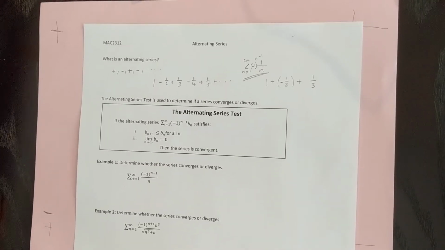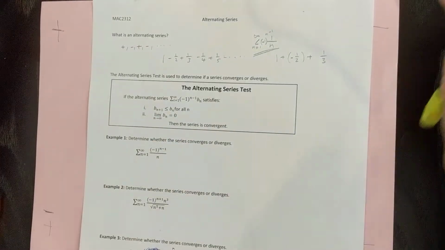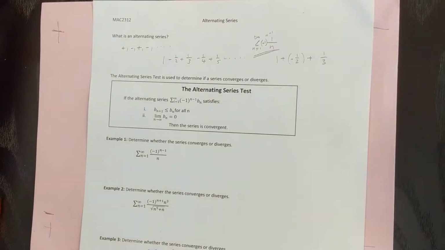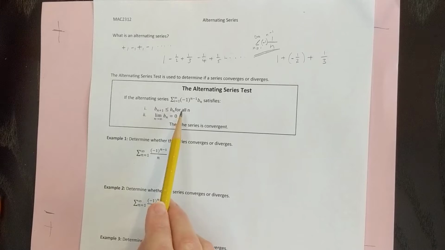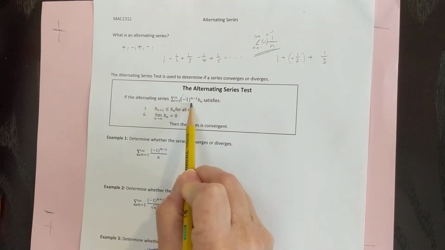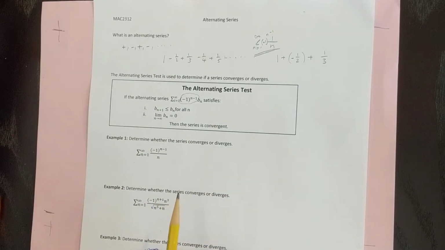Okay, and it says basically this: if you have an alternating series, and this part right here is what makes it alternate. Negative 1 to a power changes that sign for us.